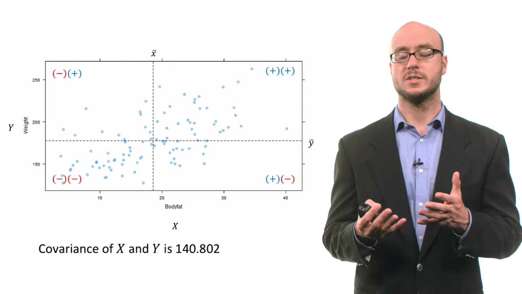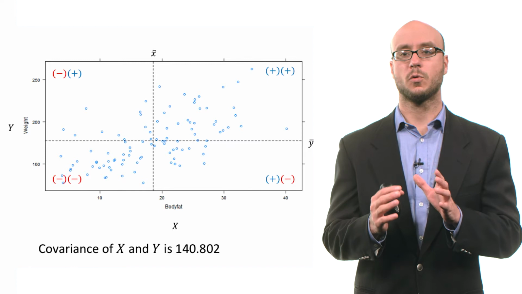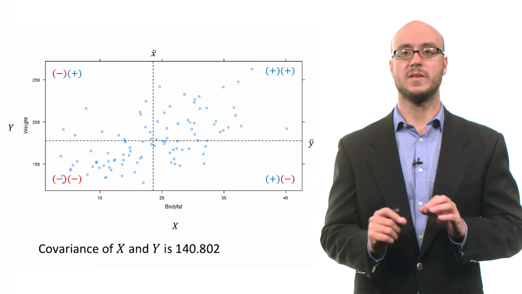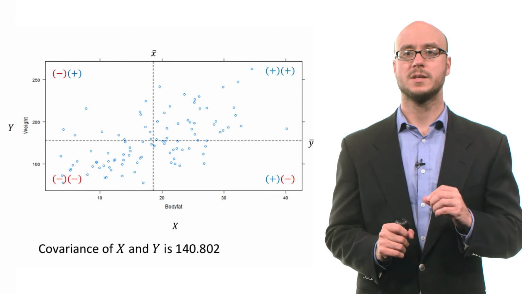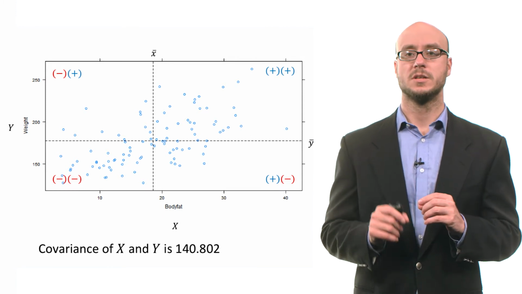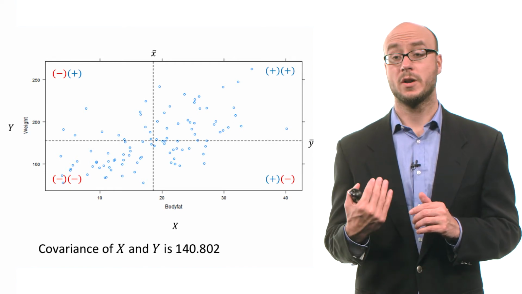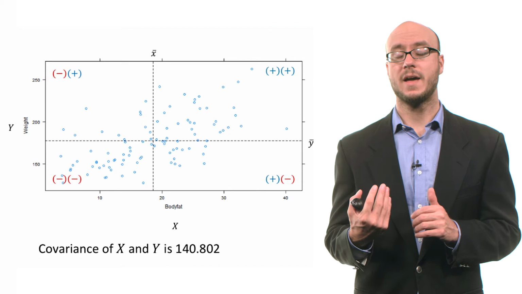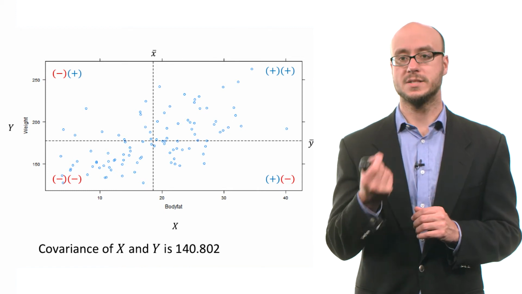Substantively, you can look at the scatter plot, and by dividing the scatter plot into these four quadrants with respect to the mean of X and mean of Y, we can see that in general, we have more data points in those quadrants that have positive cross products. So the upper right-hand quadrant consists of those values that are above the mean of Y and above the mean of X. And so you multiply those deviations together and you get positive values.